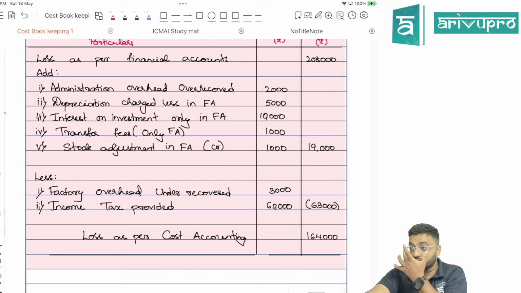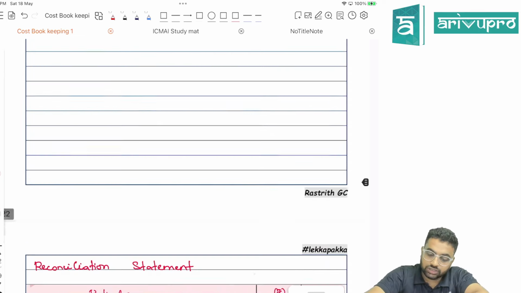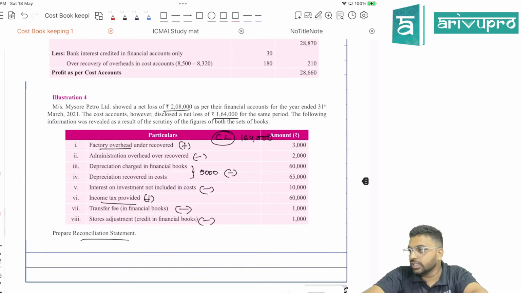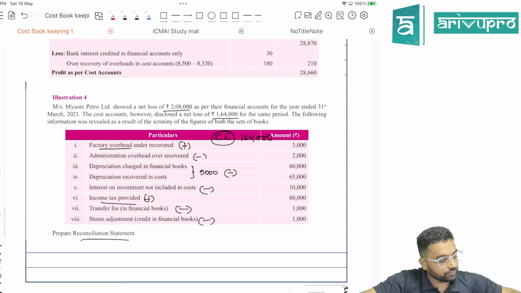Just take a screenshot of this. There is as per the financial accounts. Take a screenshot of this adjustment as per the cost accounts. Whatever happened to the base book of profit or loss, that's what we should do in our books also. Then done, sir, done. That's it, sir. Okay, fine.